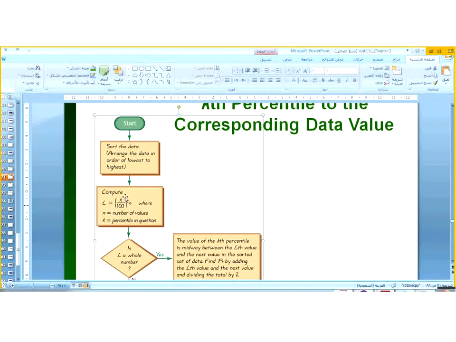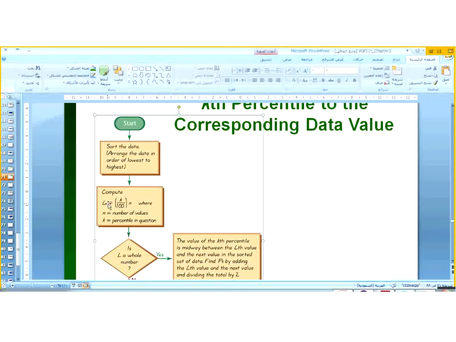Then compute L, which equals K divided by 100, multiplied by N, where N is the number of values and K the percentile. Any question? Then after calculating L, is it a whole number?